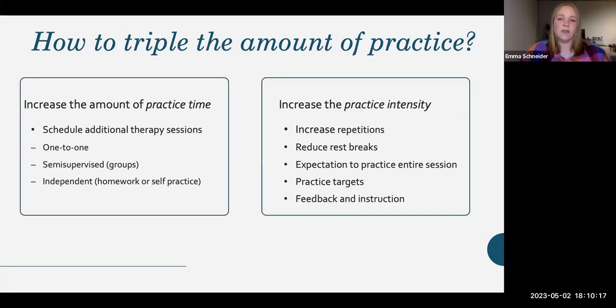And there are some great resources that you might already be aware of in terms of increasing practice intensity. And ideally, we could do both of these things and lead to a triple the amount of practice delivered in rehabilitation. Already, we're really identifying that there's a really large amount of practice that needs to be delivered in order to improve better outcomes for arm and hand activity.